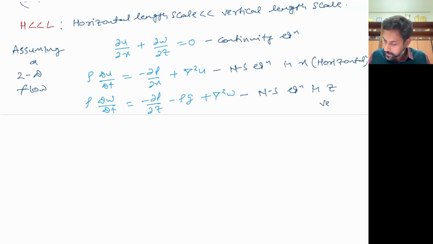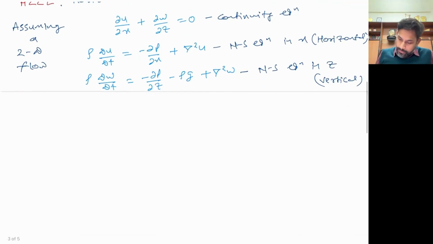And just to remind you again, this is the simplified equation. We can also write this equation in 3D by considering the y direction as well, but here we are just considering the main longitudinal direction and transverse direction.